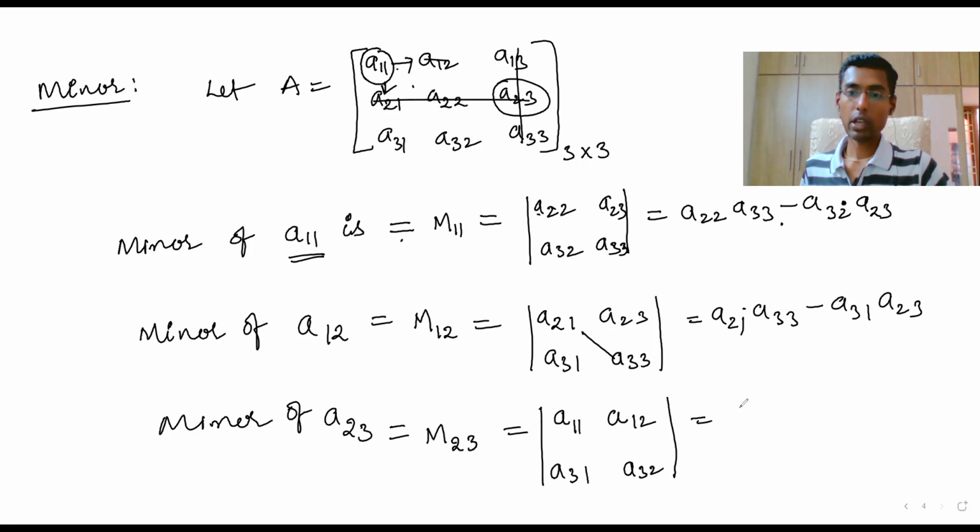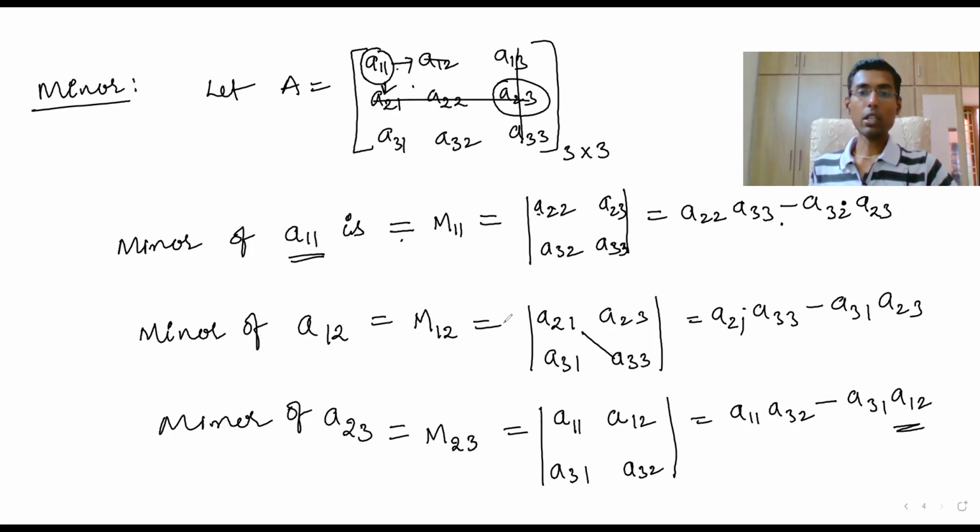So A11 into A32 minus A31 into A12. AD minus BC. I think you understand minor. Like that you can find the minor for every entry; here nine entries are there. You can find the minor for every element in the matrix.